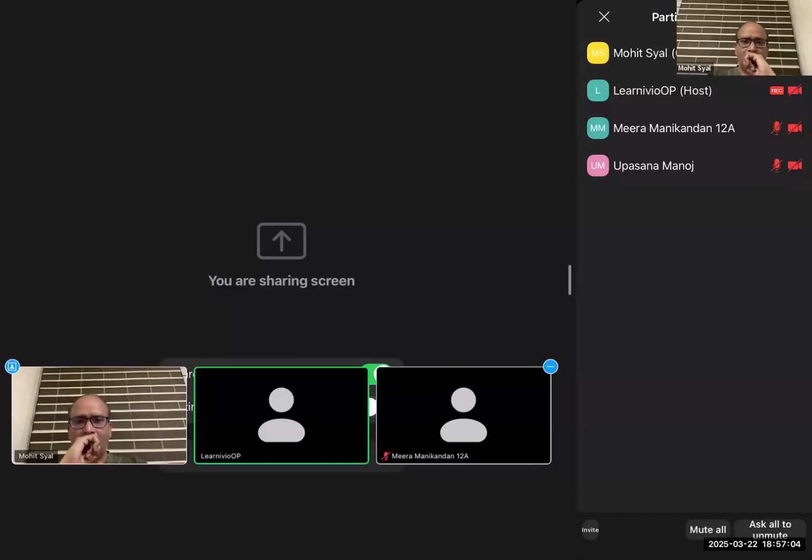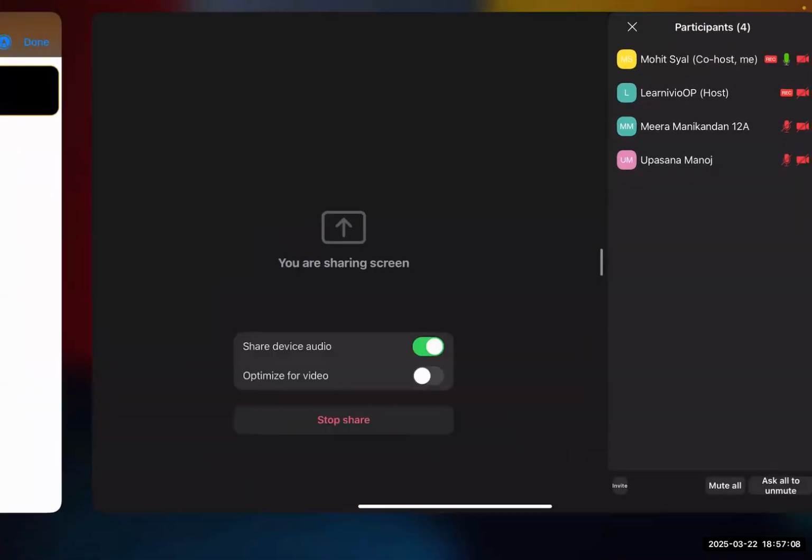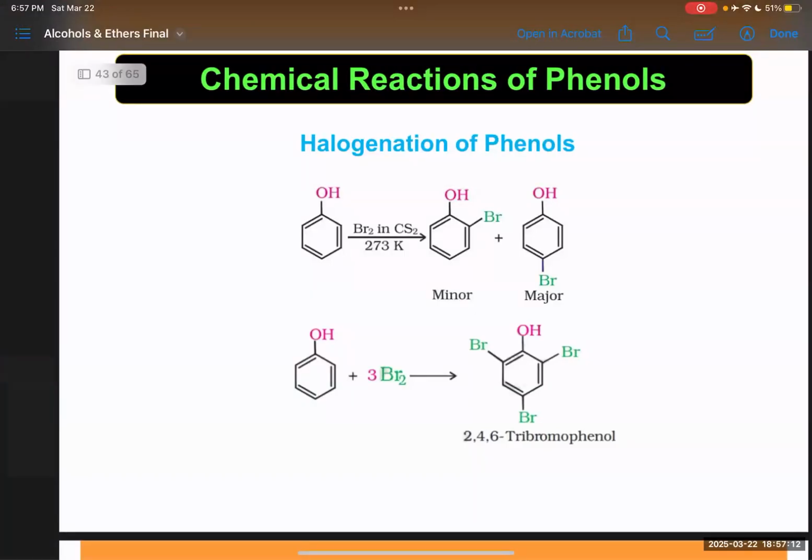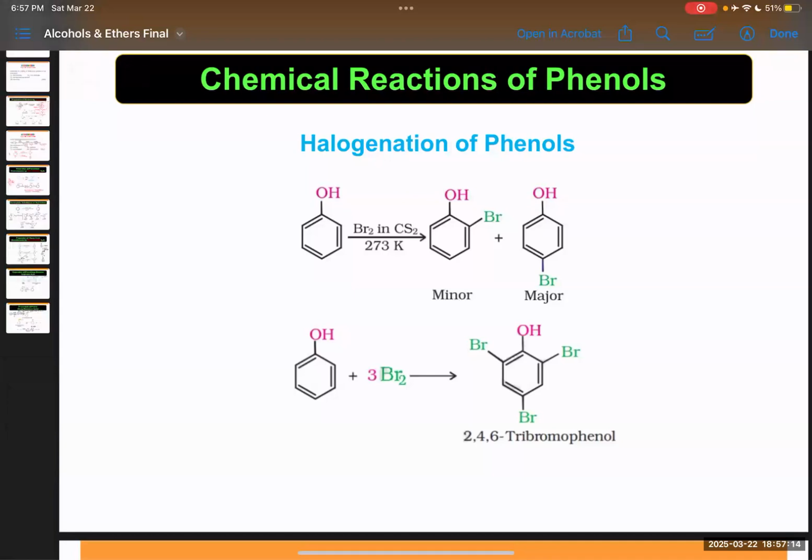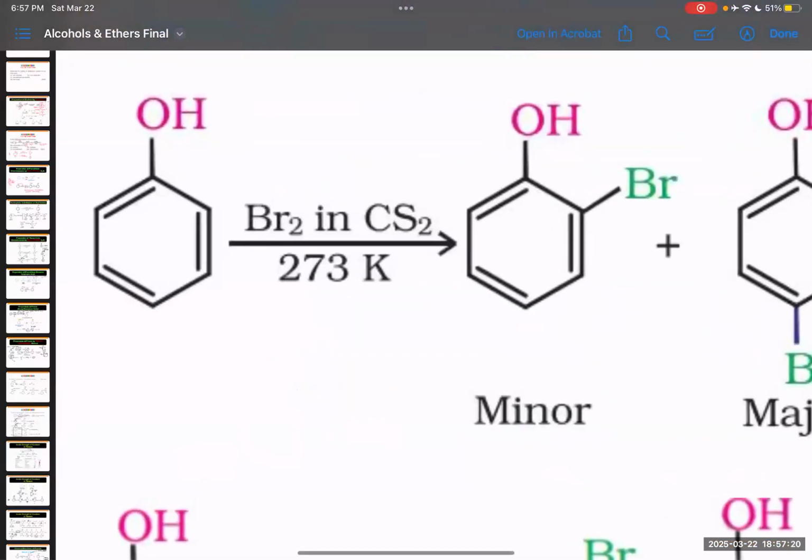So that is called halogenation reaction. As you can see here, halogenation is basically attaching bromine or chlorine, mainly bromine or chlorine, to the benzene ring, and how you are going to do it. This is a very important question, but very simple also.